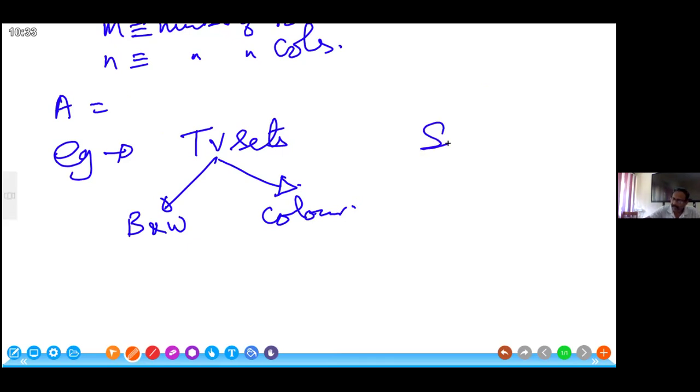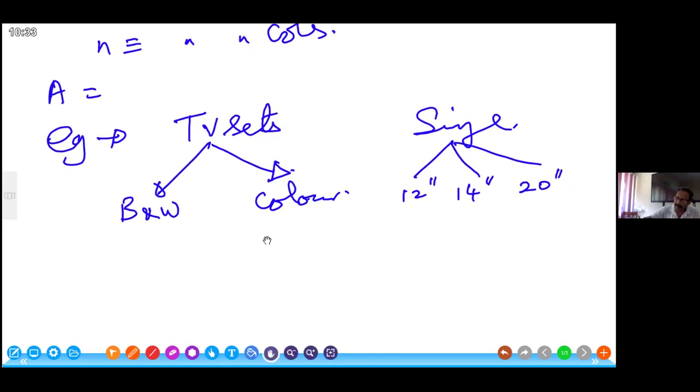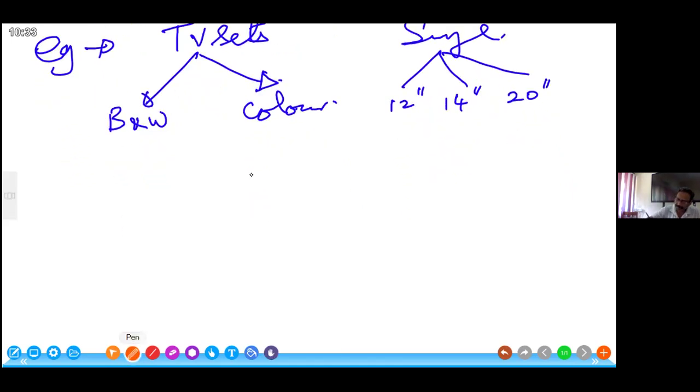And the size of the television, there are 3 different sizes: 12-inch television, 14-inch television, and 20-inch television, as an example, right? So how can we put this into different categories, right?